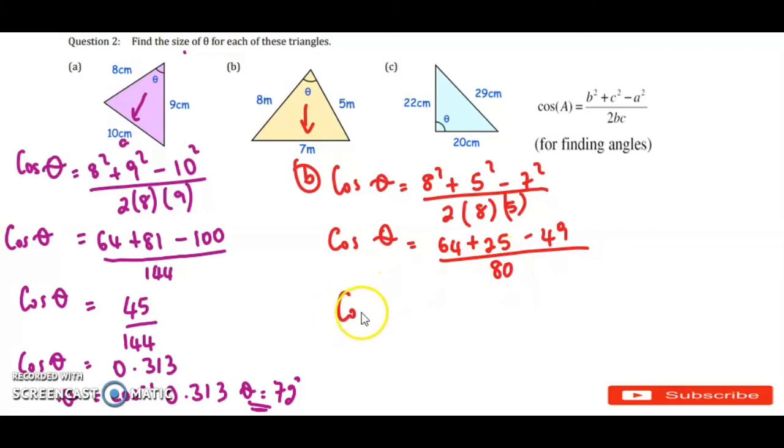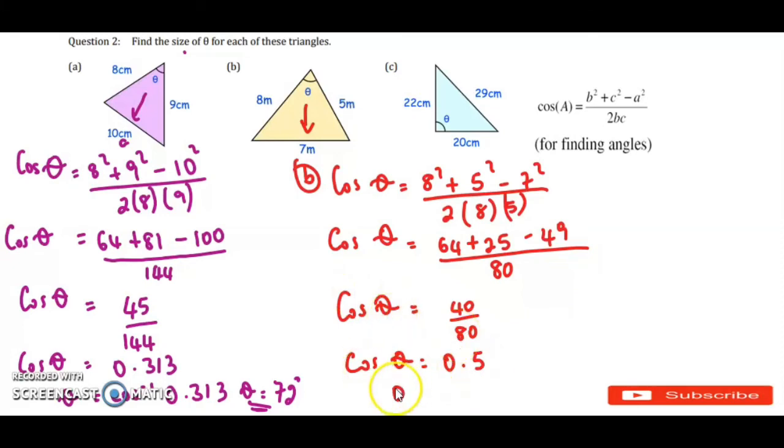So here we have cos theta. You're going to have 64 plus 25, which is 89, minus 49, and you get 40. So it's 40 over 80. So cos theta is equal to 40 divided by 80, which is 0.5.